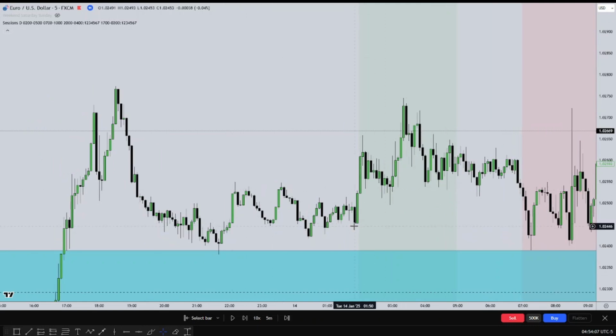So first, on Tuesday, price retraced to this fair value gap and tested it during the Asian session. Price kept on trading.